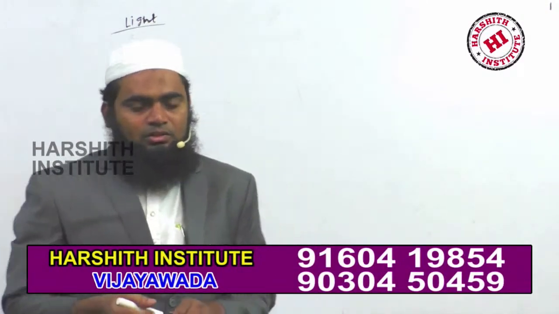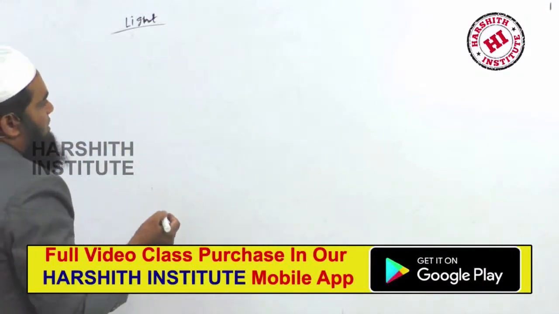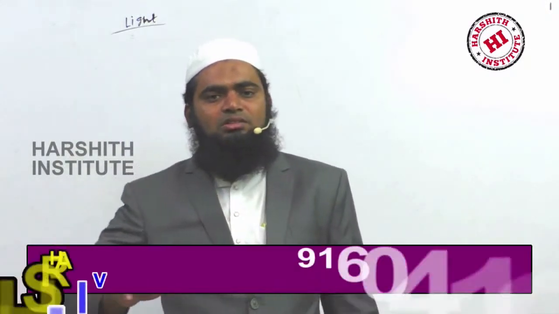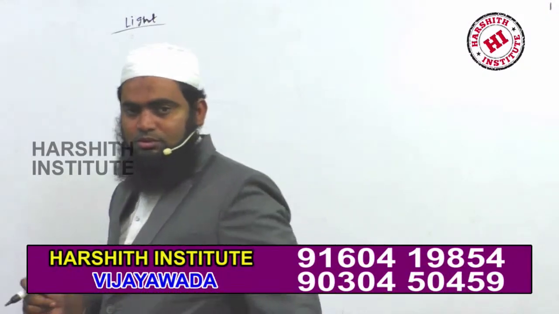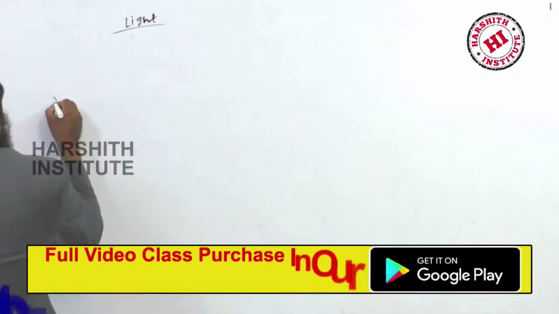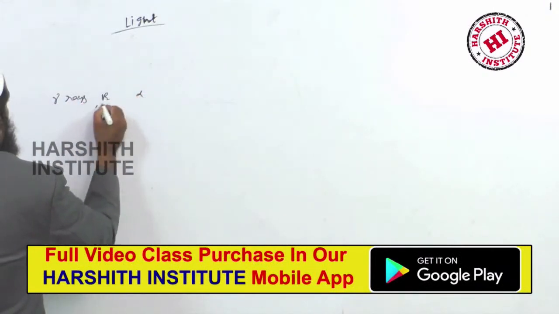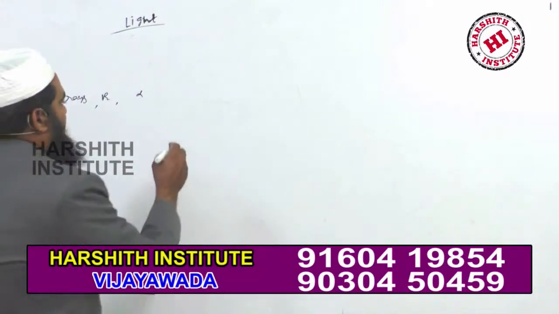First is gamma rays. Cosmic rays are also available, and they are high energy, but we can discuss from gamma rays. First we're discussing gamma rays. Next beta, next alpha, this pattern we can discuss one by one. Next X-rays.